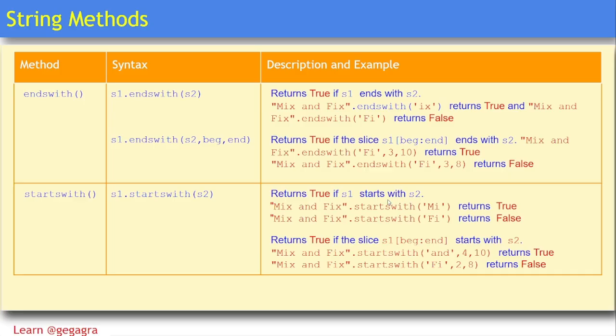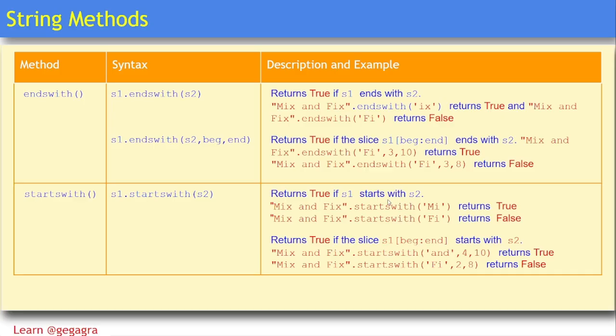See here, in the next example, I'm checking whether the string ends with a substring within a slot, meaning the beginning index and ending index. If the particular substring lies between beginning index and ending index minus 1, then only it will return true, otherwise it will return false.